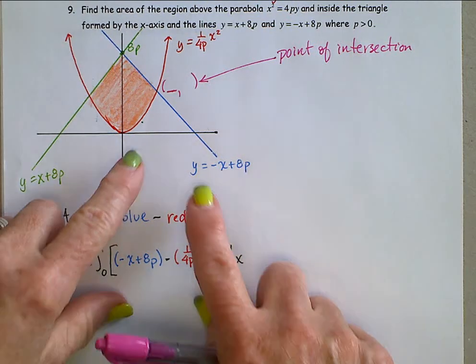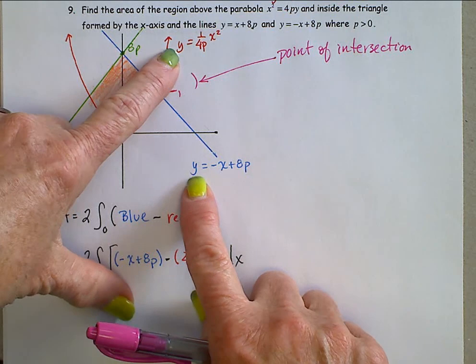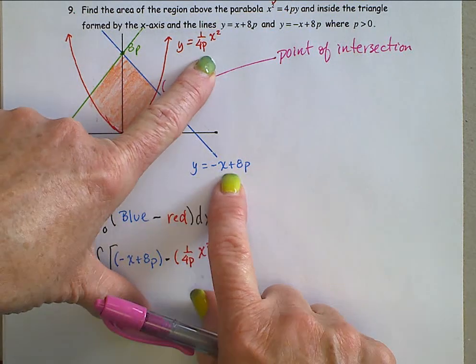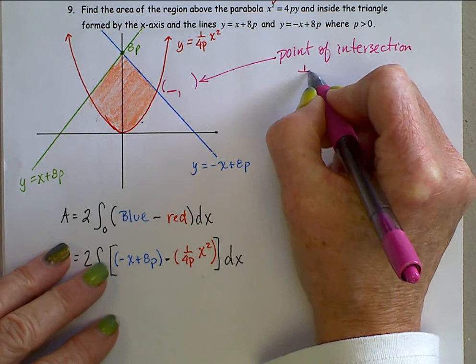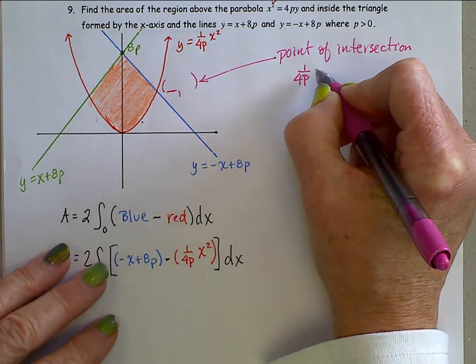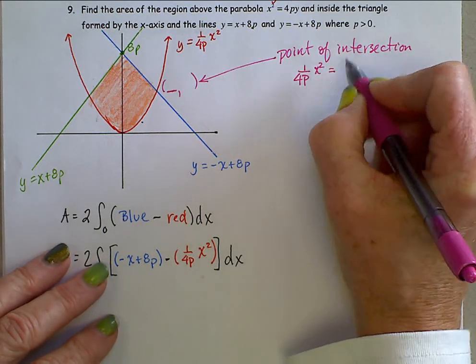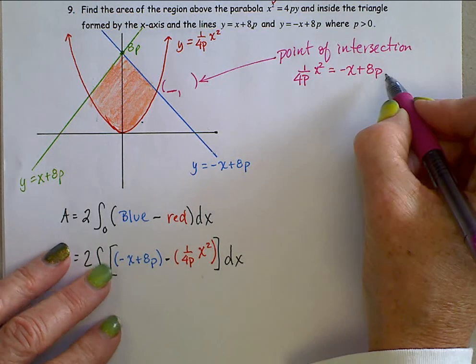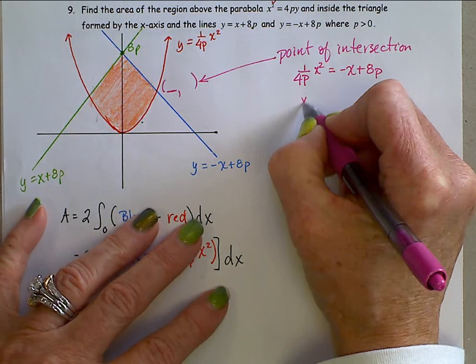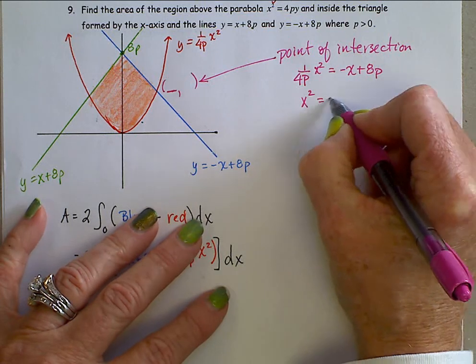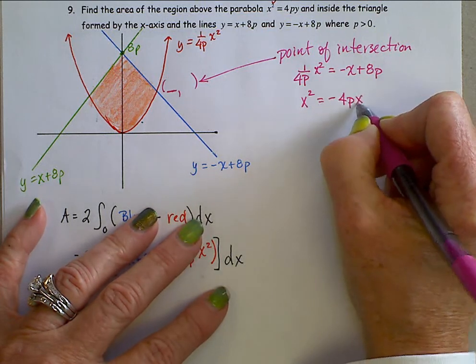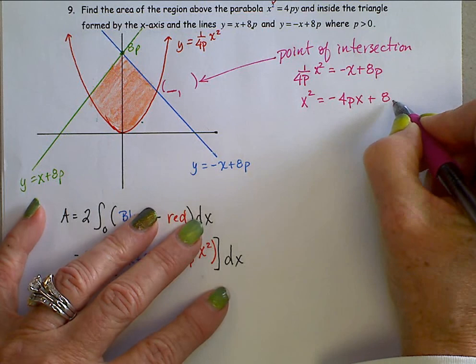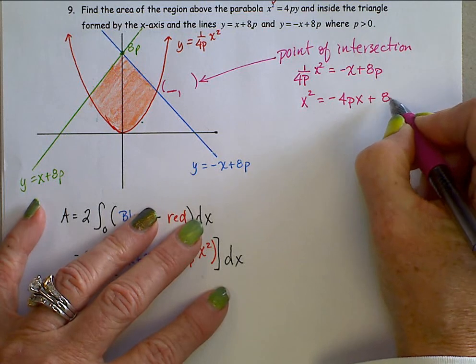Since both equations are set equal to y, we can set the right-hand sides equal to each other. We have 1 over 4p times x squared equals negative x plus 8p. Multiply through by 4p to clear the fractions, and we'll have x squared is negative 4px plus 32p squared.